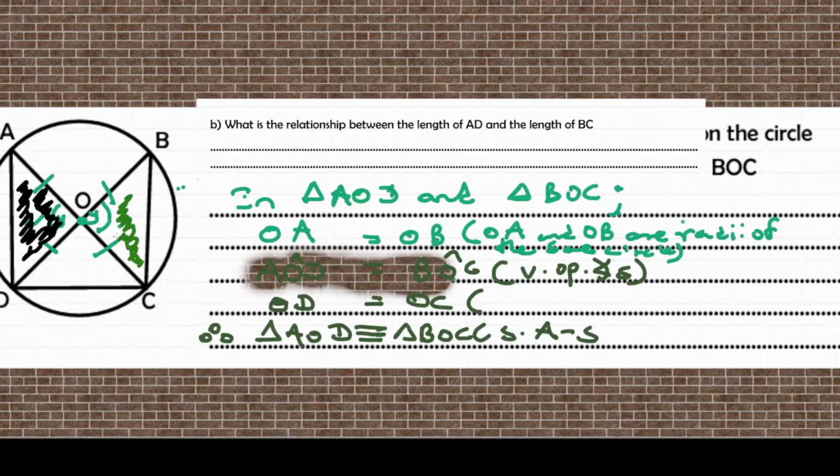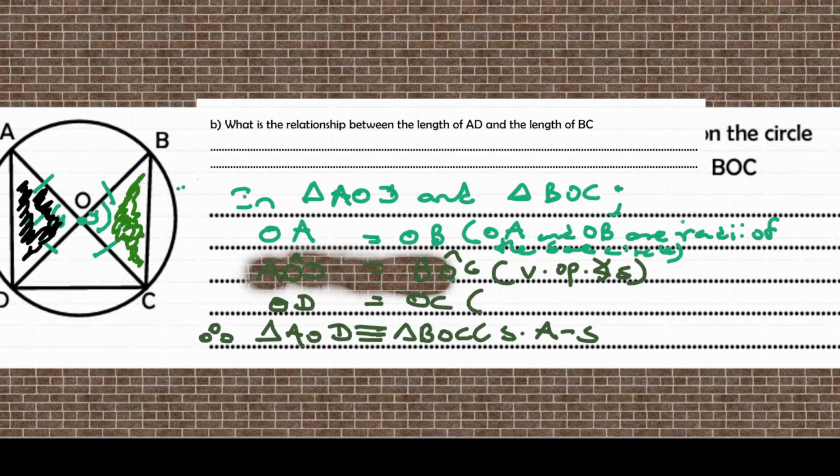So where is AD? AD is a side of this black triangle. And BC is the side of this green triangle.